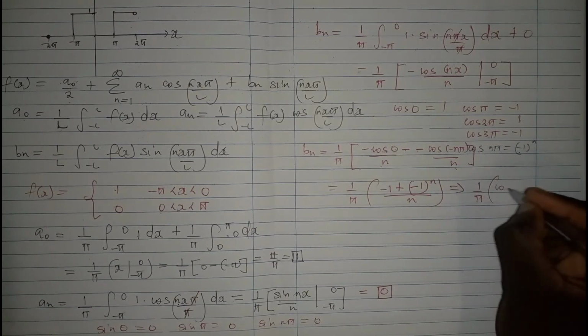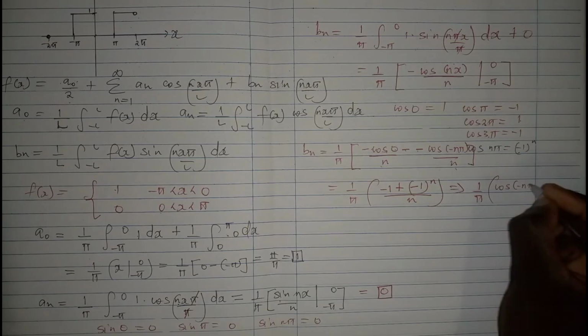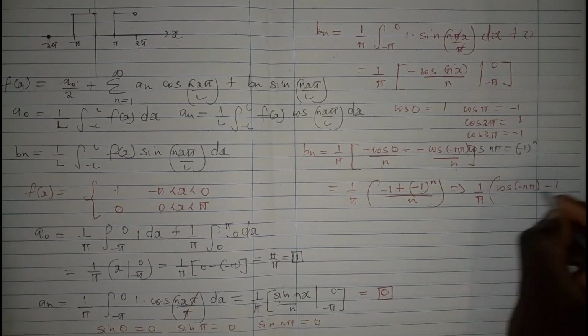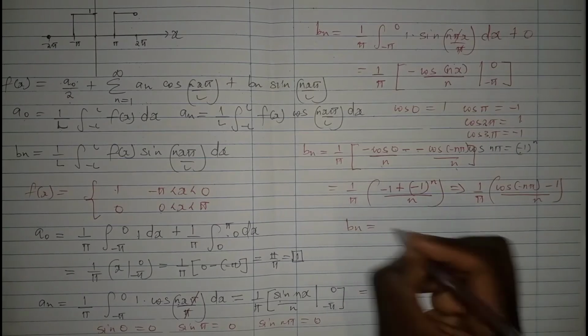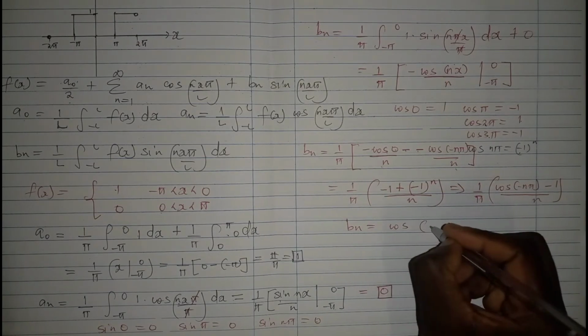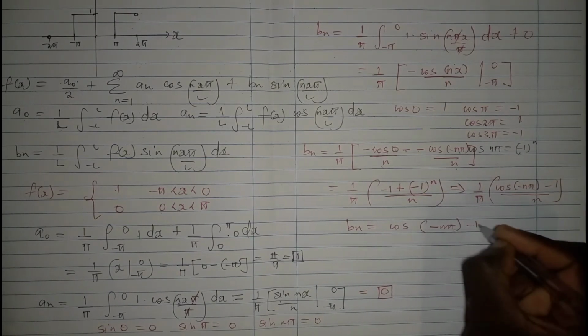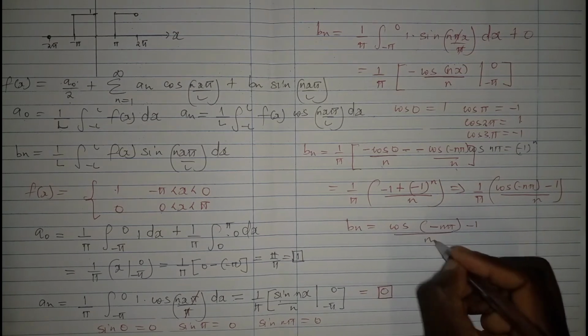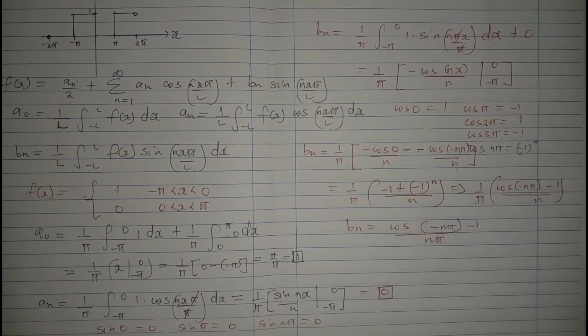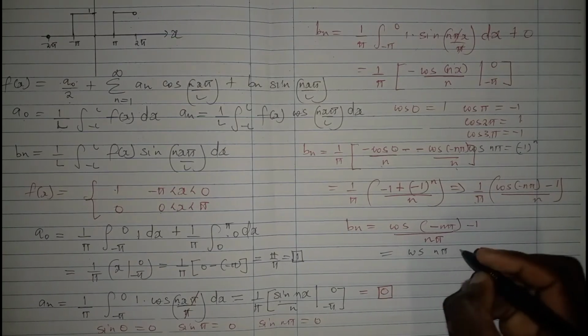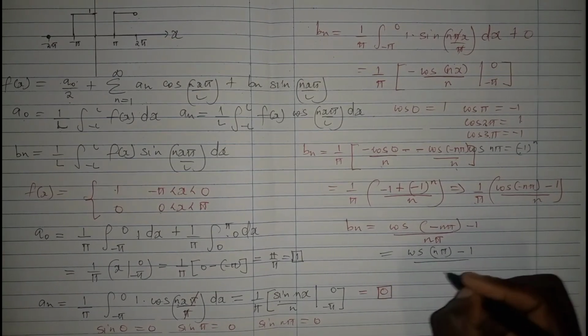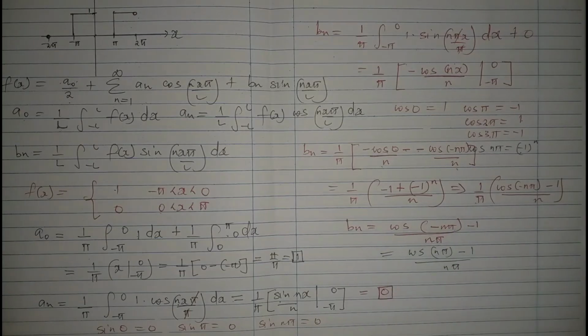So I'm going to write it as cos negative n pi minus 1 divided by n. So I'm going to write my bn as cos negative n pi minus 1 divided by n times pi. You know that cos negative n pi and cos n pi are just the same thing, nothing's going to change, over n pi.